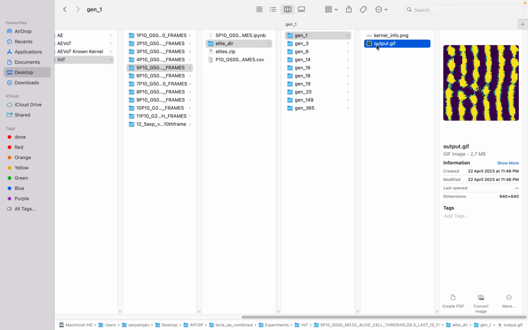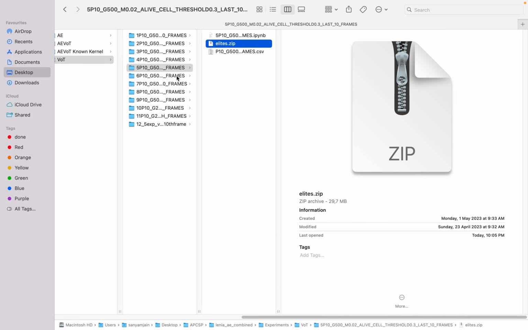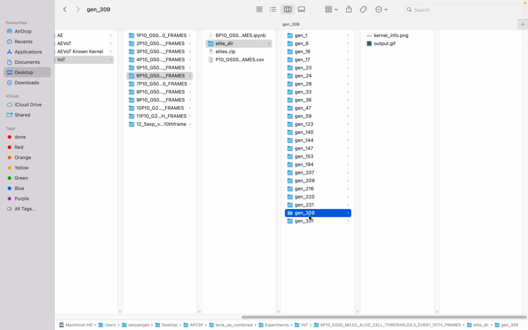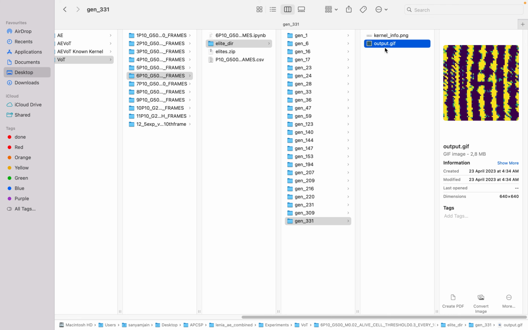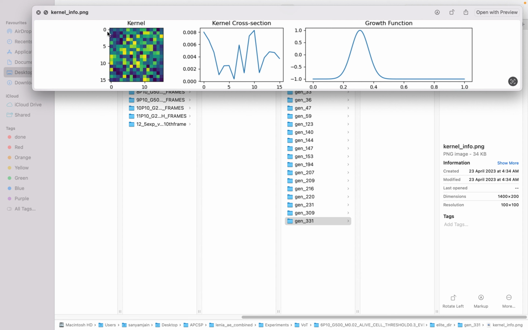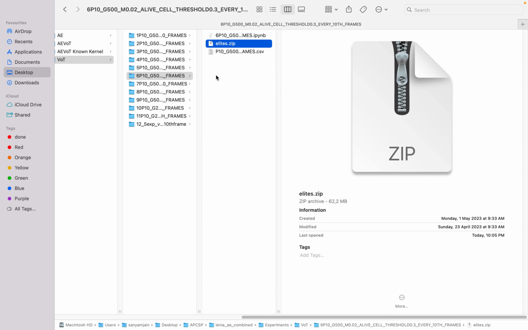Then every 10th frame and threshold 0.3, we have output that looks like this, which is basically rewarding more variations over time in the frames. And here also it proves the hypothesis: in the corner it actually gets darkened, and in the center you can see the density of yellowish pixels basically. So this is one observation.